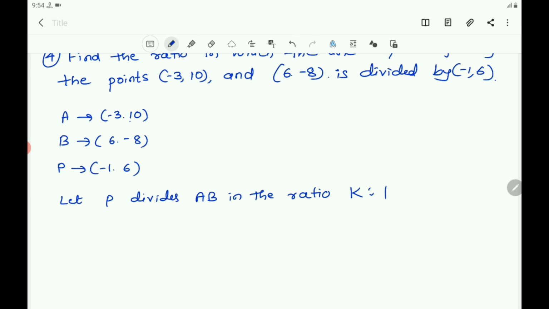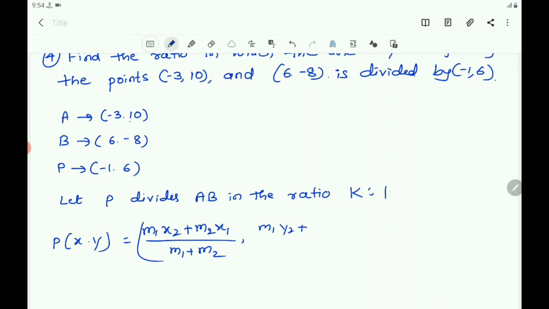Now you write the section formula: P of (x, y) equals (M1 x2 plus M2 x1) by (M1 plus M2), and (M1 y2 plus M2 y1) by (M1 plus M2).